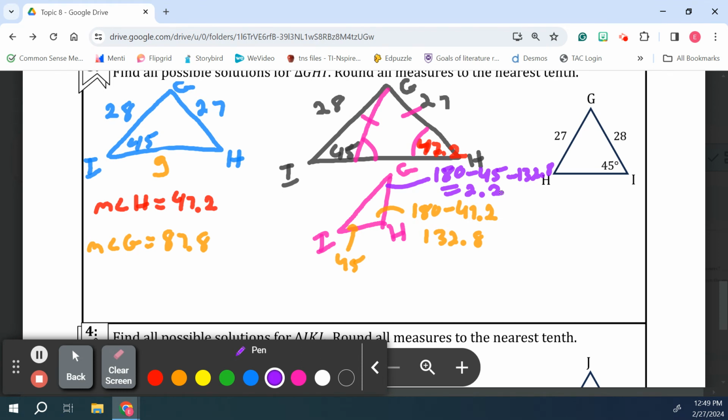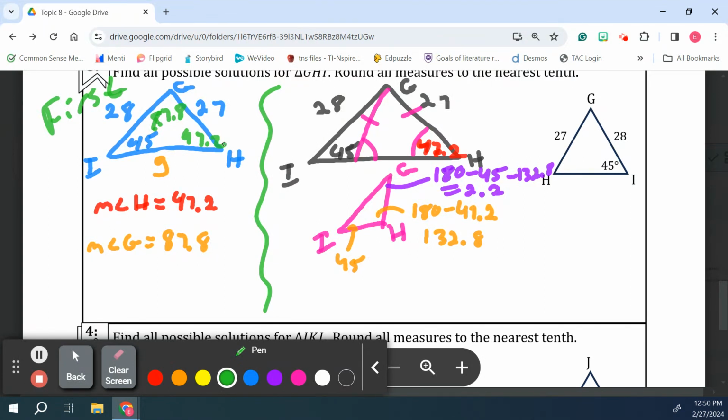Okay? So what this means is since I have two solutions, my first solution is solving for everything for this triangle. Now we have the angles, which is not problematic at all. And so I'm just going to kind of write in that information. And I got to solve for this little g.